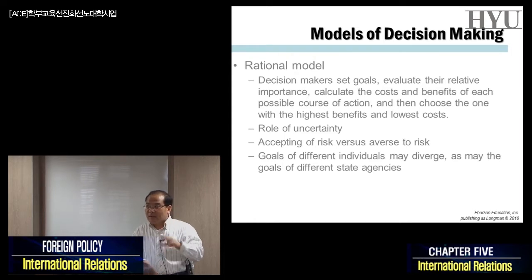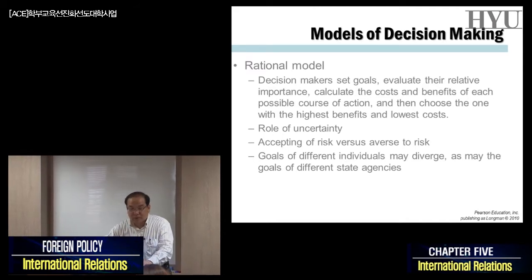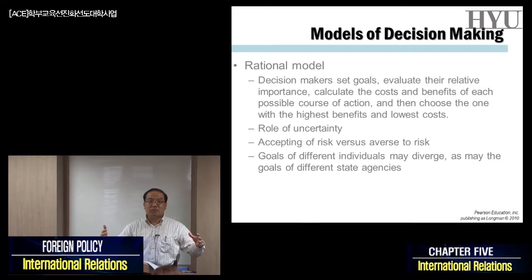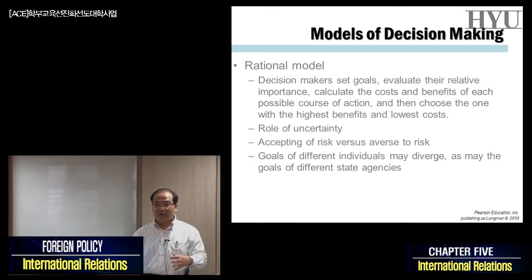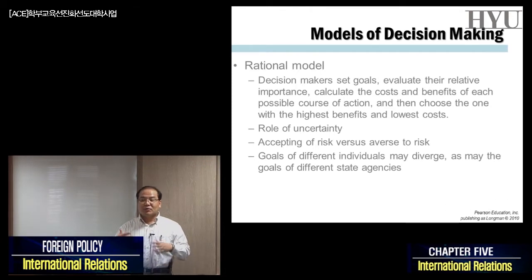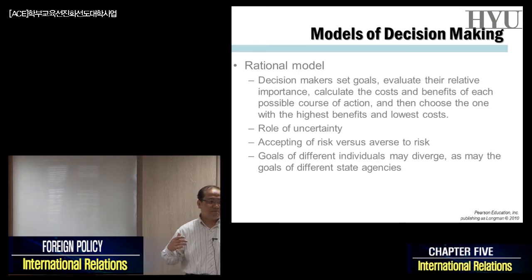But what misperception argues is that information may be lacking, probably because the information filtering and screening process is insufficient, so that decision makers perceive such and such a situation mistakenly, and sometimes make bad decisions or good decisions.